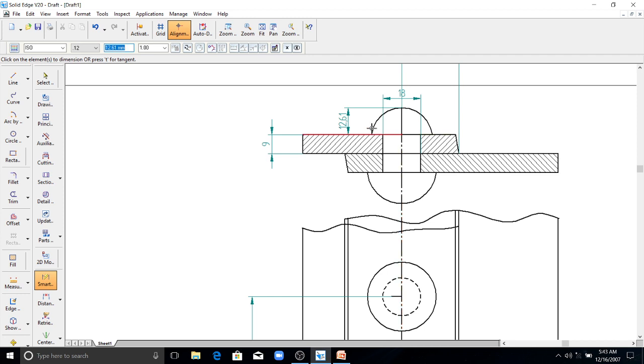From this center you have to draw an arc of a radius equal to 0.8D. The similar procedure you need not follow here. Just measure the distance from this to here. The same distance you have to leave here, and from that center you have to draw this radius. Otherwise it will require more time to draw this radius for the rivet.